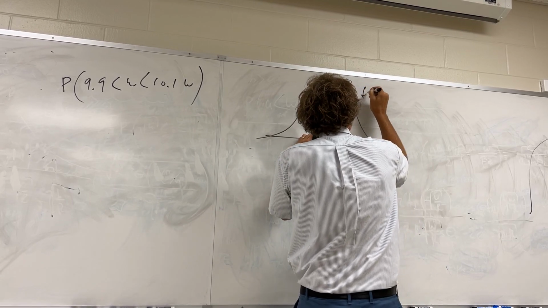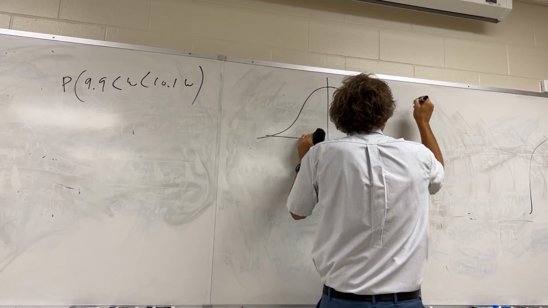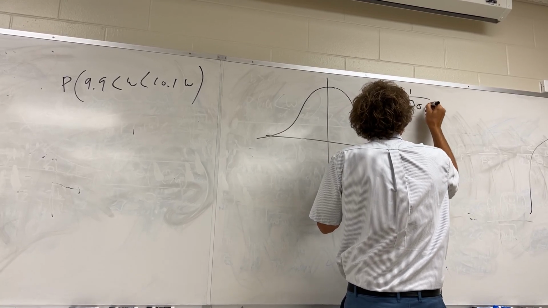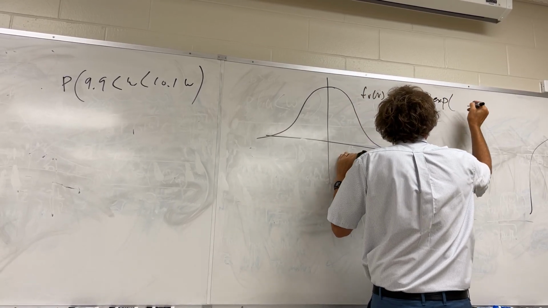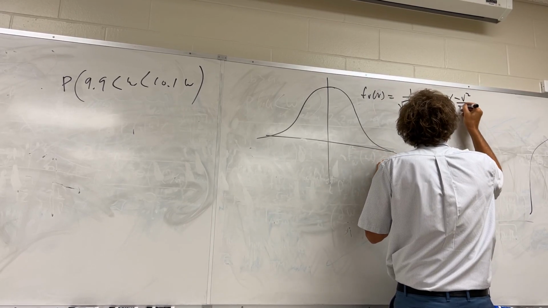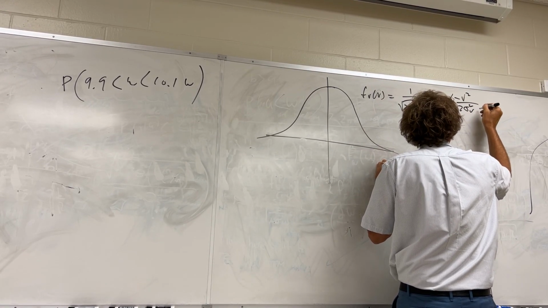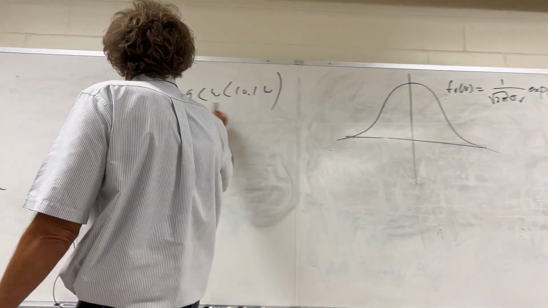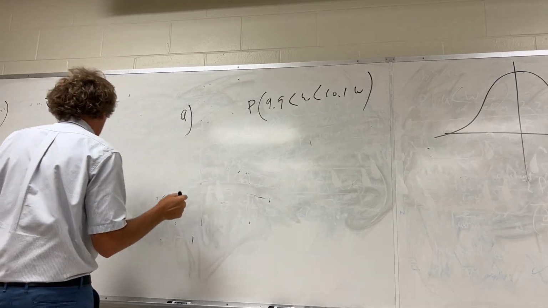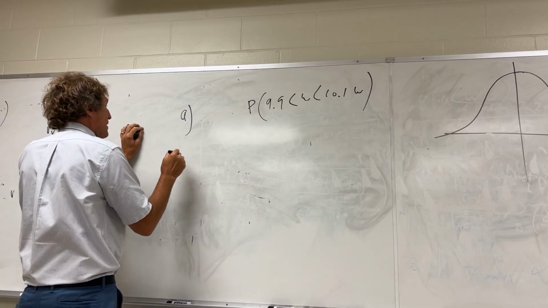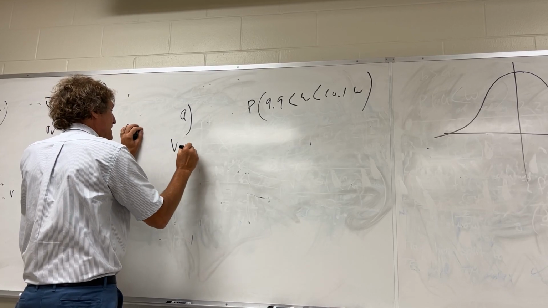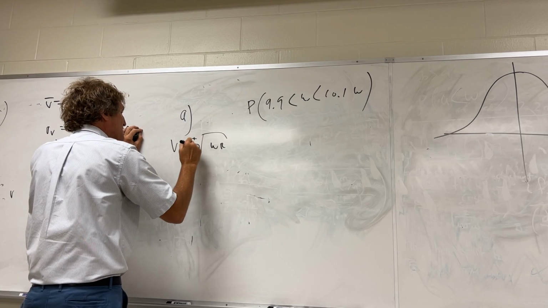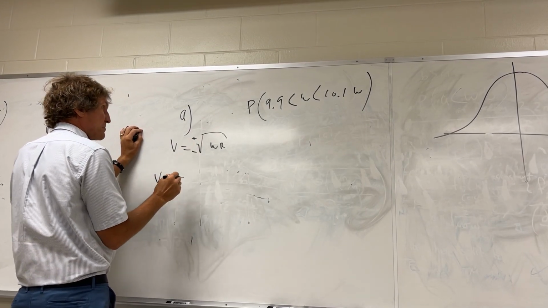And f of v here would be equal to 1 over the square root of 2 pi sigma v, times exp of minus v squared over 2 sigma squared of v, right? That's the density function. For the power to be between there and there, that means what? Here, the voltage would be equal to the square root of the power times R, plus or minus that value. That means V has to be between here.